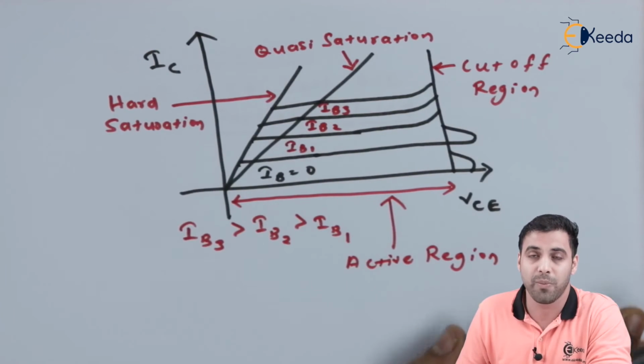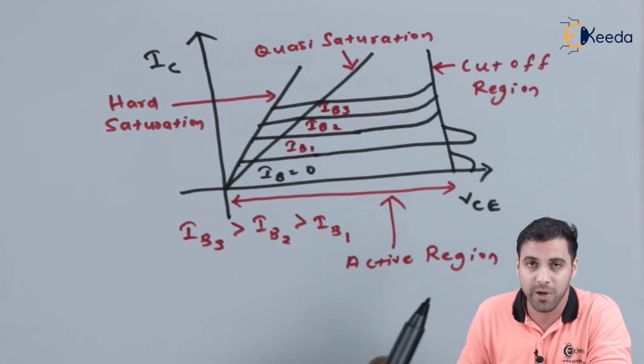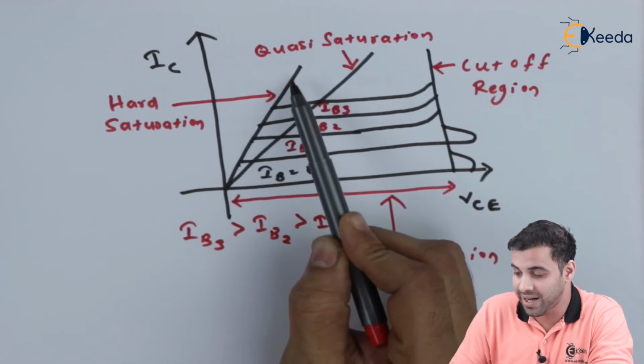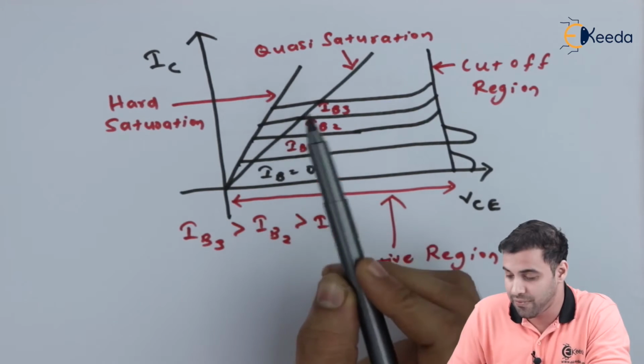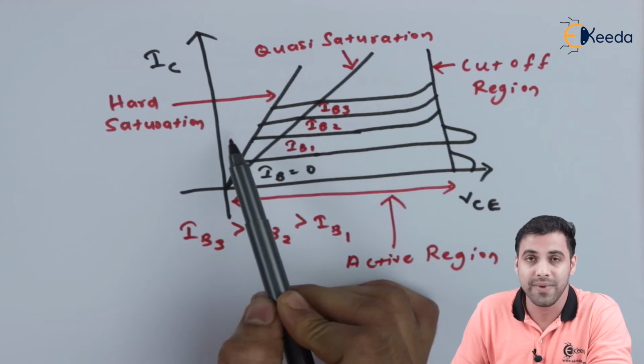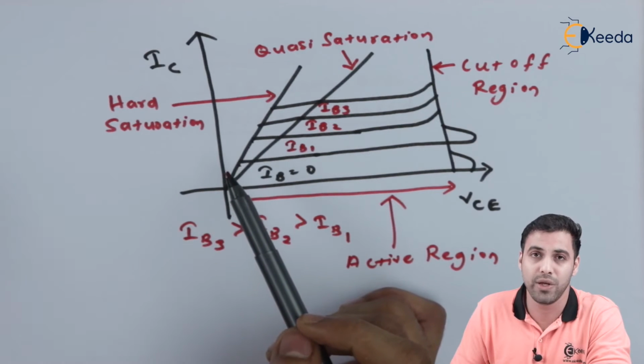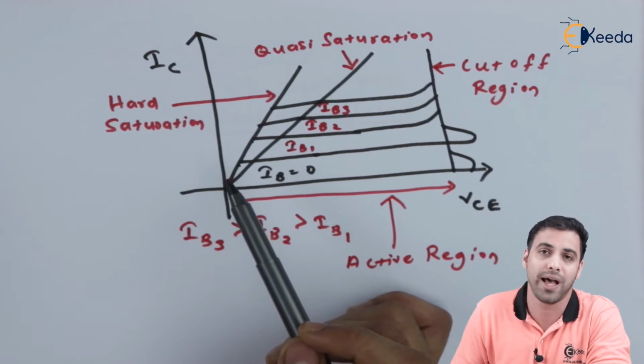Because two junctions, or two diodes, are forward biased, the amount of electric current is extremely high. This kind of region is normally used for very high current operation.